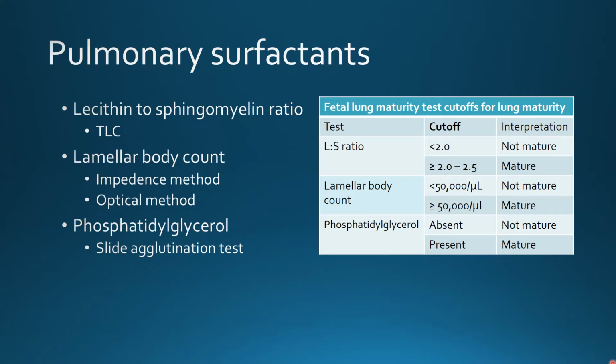The technique is to take about 3 to 4 mL of fluid and centrifuge it at low speed. You don't want to damage anything too much, but you want to remove the debris, all those cells and that lanugo, while maintaining the phospholipid content of the fluid.